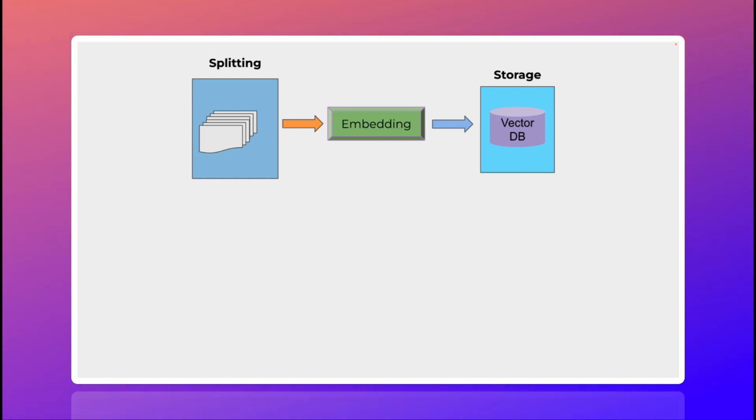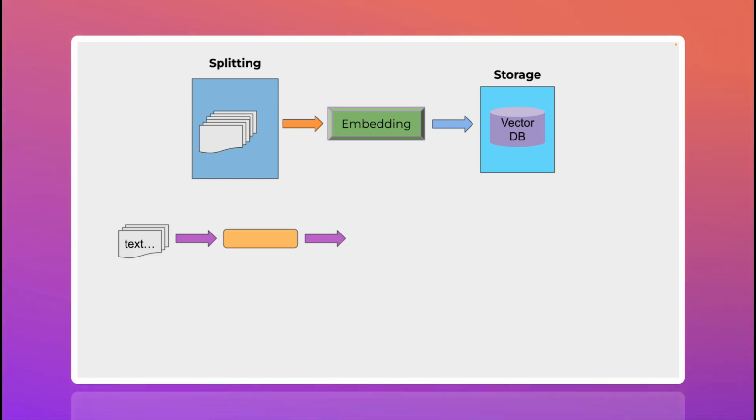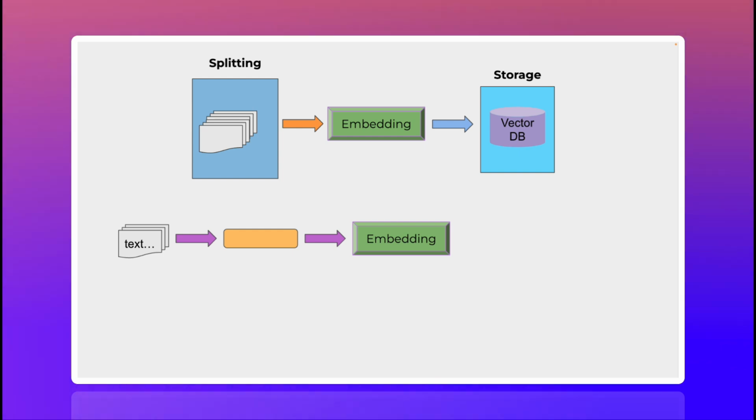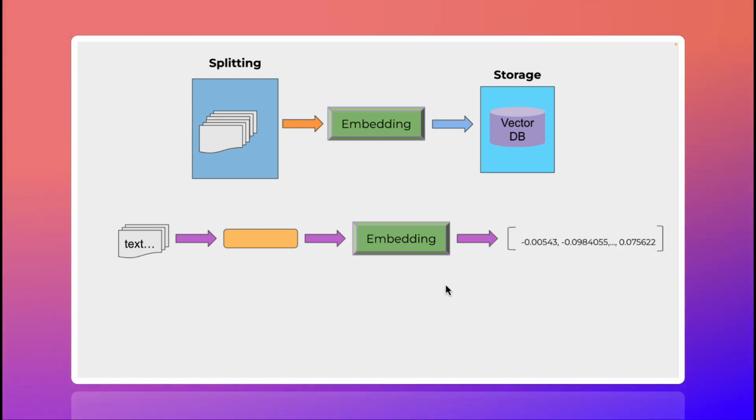The idea is that we need to split that information into smaller chunks and then transform it into embeddings. And then that embedding, which essentially is a vector, we'll see the differences in a second here, this embedding or vector is what is stored in the vector database or vector store. So essentially that's what's happening here. A database only saves this format. That's why it's called a vector store.